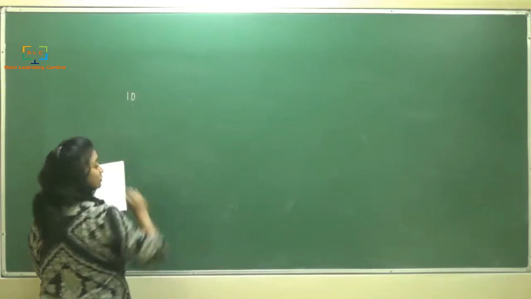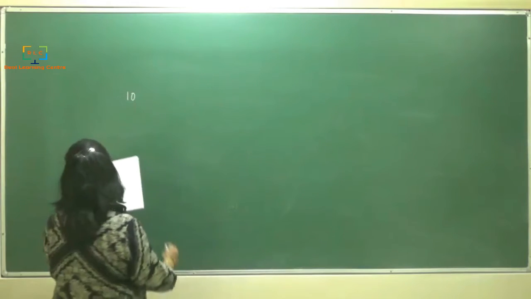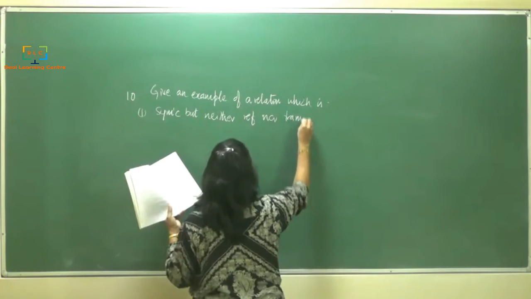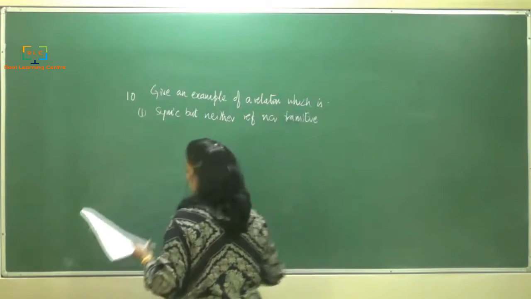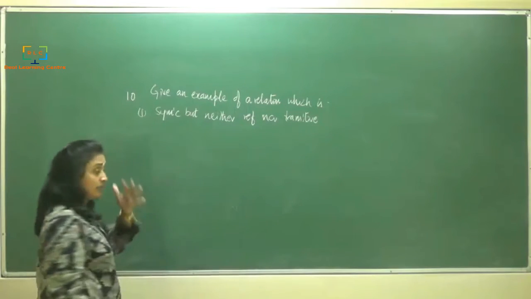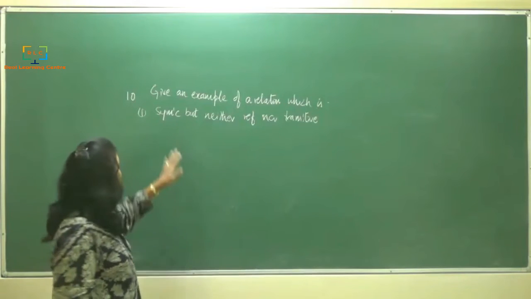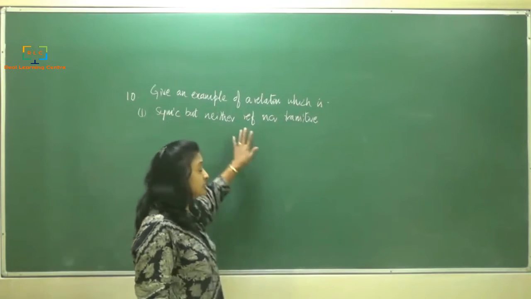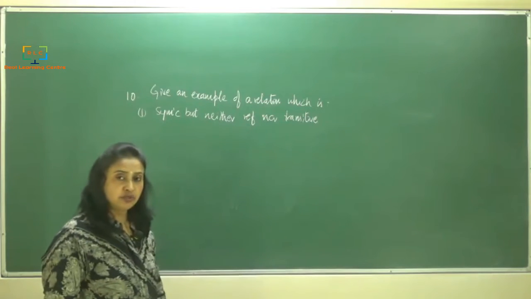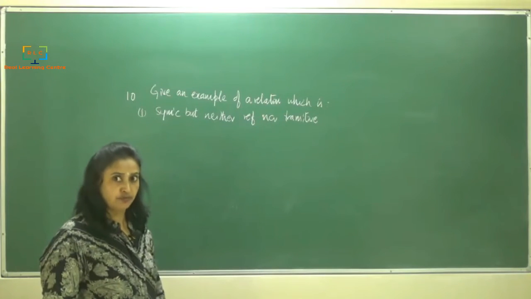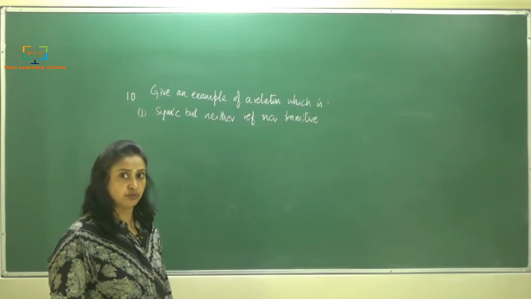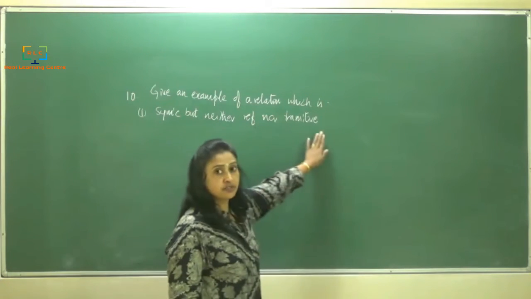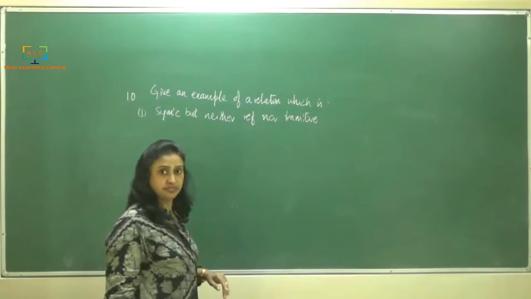Yeah, here goes question number 10. Question number 10, give an example of a relation, not transitive. Okay, just now we saw one example like this. We want the relation to be symmetric, but neither reflexive nor transitive. So, how do you do it? Just now we saw, which is "is perpendicular to". It is neither reflexive nor transitive, but it is symmetric.